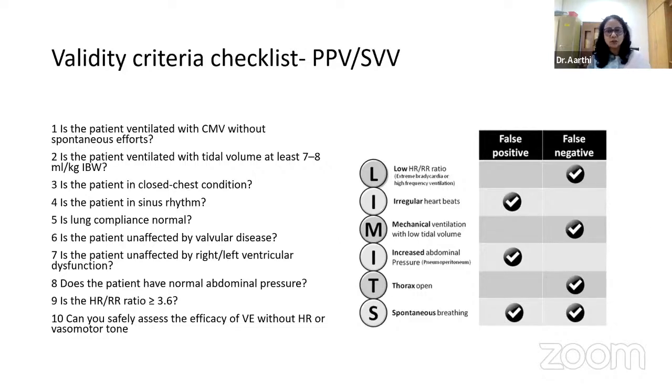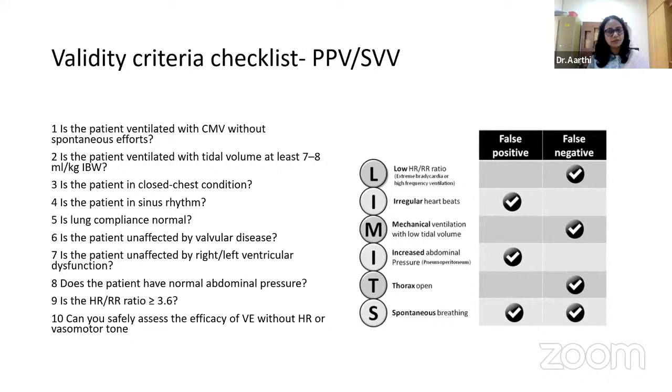In certain situations, when there is extreme tachycardia or extreme bradycardia and high frequency ventilation, the pulse pressure variations may be falsely negative. In irregular heartbeats like atrial fibrillation, the pulse pressure variation might be falsely positive. When patients are ventilated with low tidal volumes in an ARDS kind of picture, that might also give us falsely negative values.